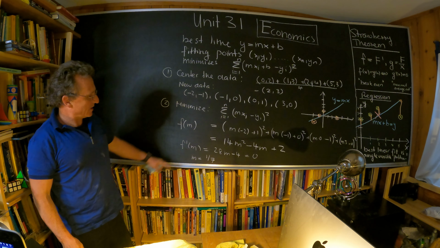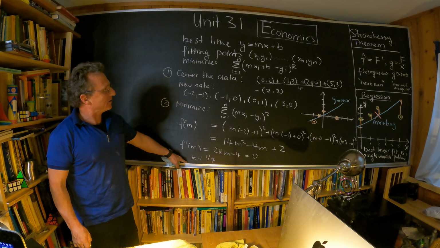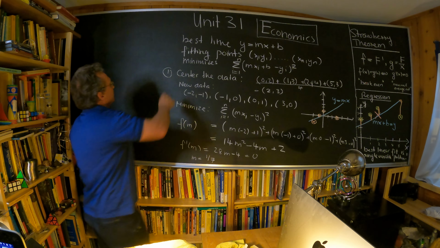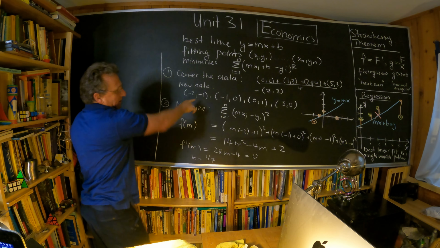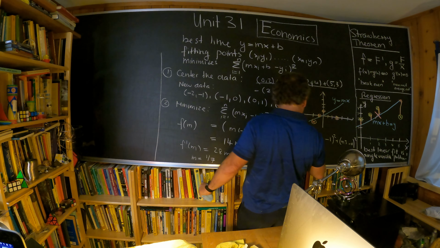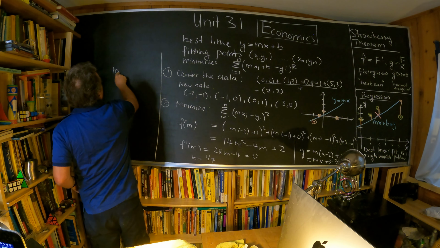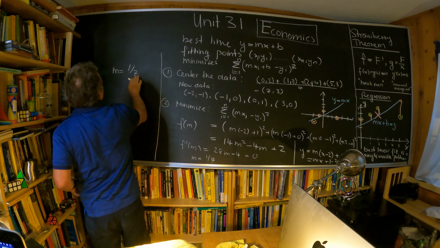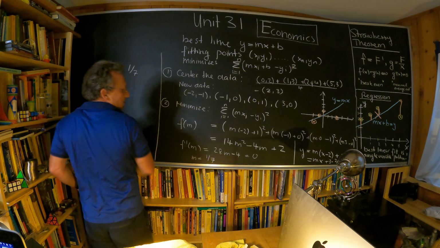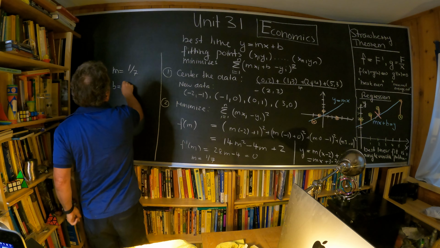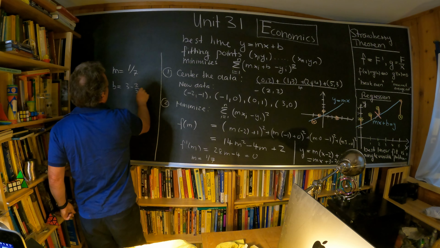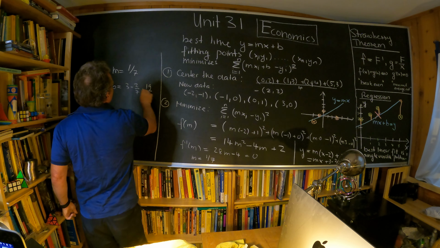So that's our best fit here. So we have the best fit for this data here. So we have y is equal to, so m is equal to 1/7, b is equal to 3 minus 2/7. This is 19/7.